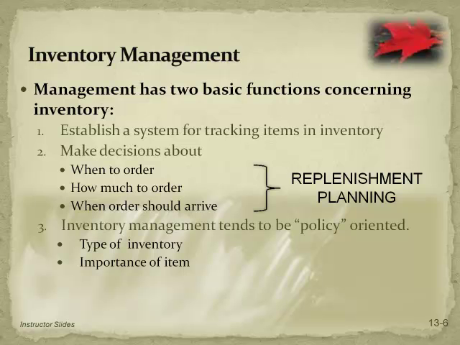So when is a timing issue, it's a date issue. How much we need to order or make is a quantitative value, a number, how much to make. And then finally, when things should be finished or when they should arrive.